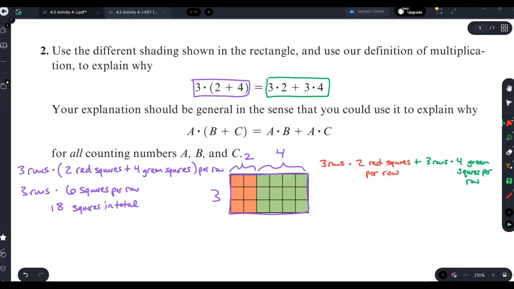So doing it this way, 3 rows times 2 red squares per row, that's basically thinking of these as separate arrays. Now, how would I find the number of red squares? I would multiply 3 rows times 2 red squares per row, and I would get that there are 6 red squares in total.